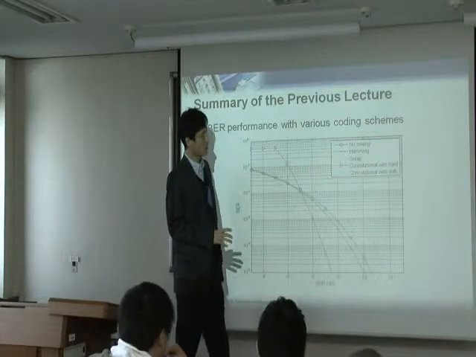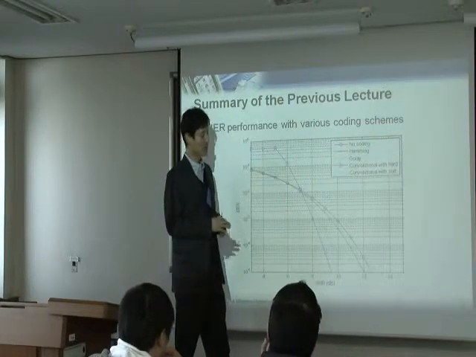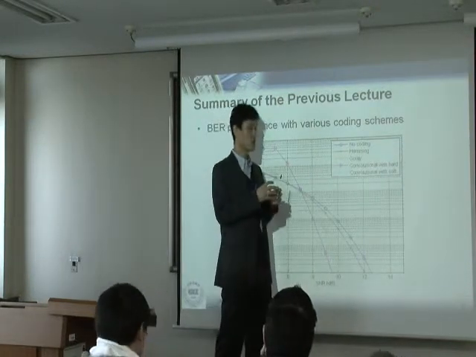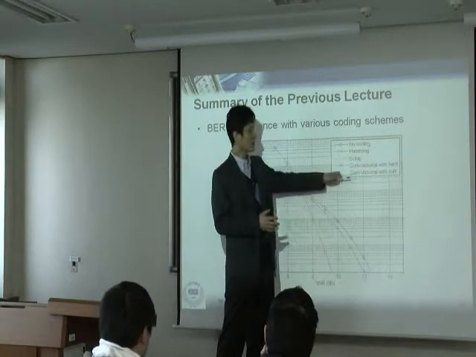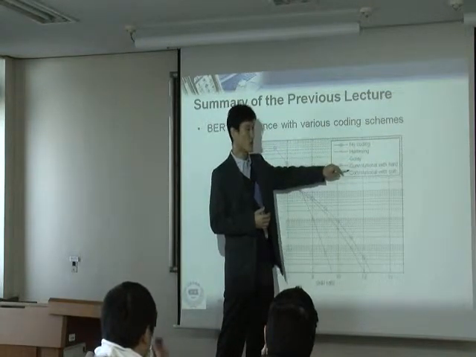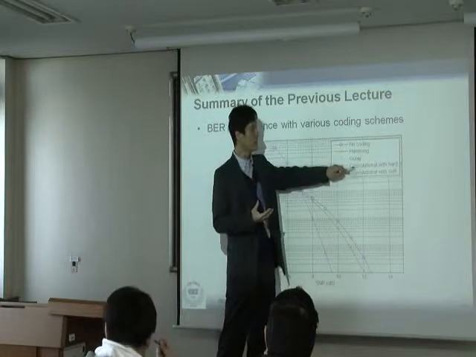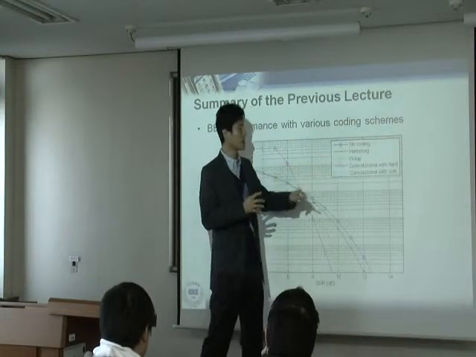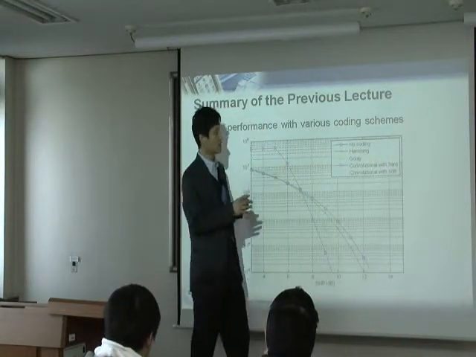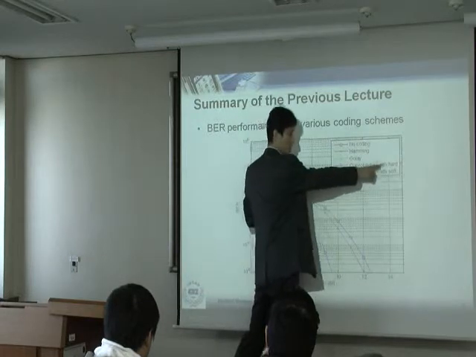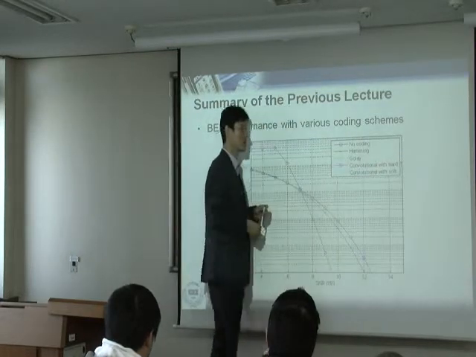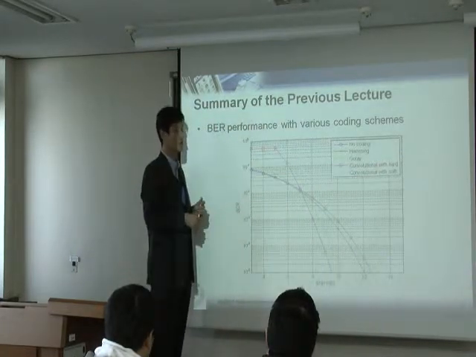That's why what an actual system typically does is fix the coding type, like convolutional coding or turbo coding. And inside the convolutional coding, there are some parameters. Maybe you use hard information or soft decision.